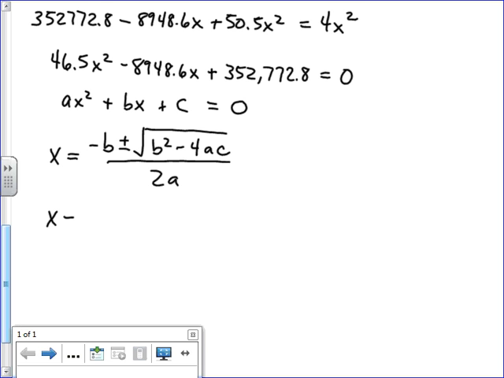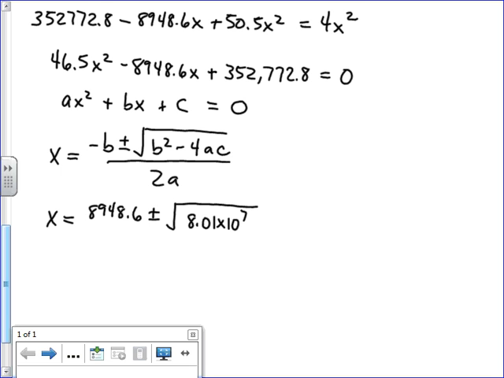So our x is going to equal negative b. So that's going to be 8948.6 plus or minus the square root of b squared, which is 8948.6 squared, is a huge number. That's 8.01 times 10 to the 7th.